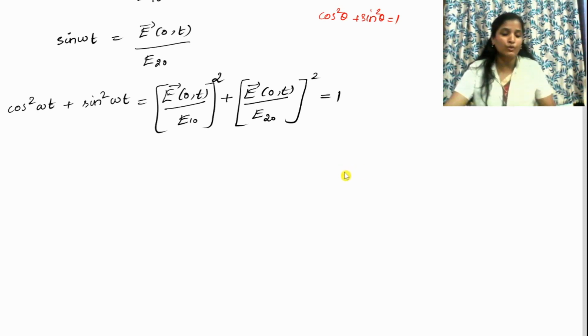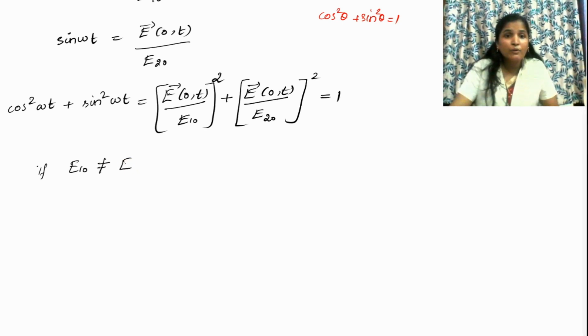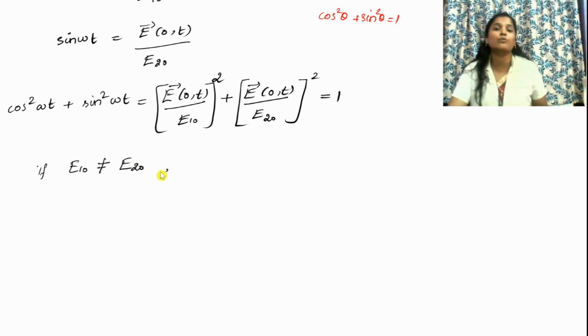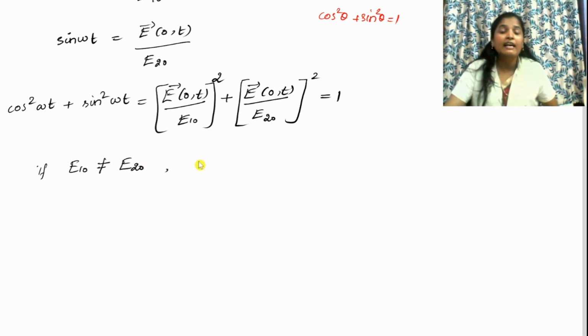So here we have two cases. Case number 1: if E1 naught is not equal to E2 naught, then we can say that the wave is elliptically polarized.